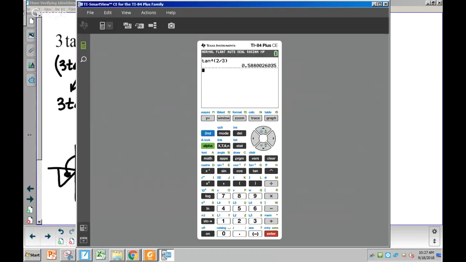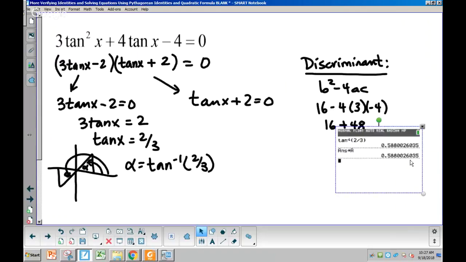We get a number, and then I get a number. 0.58. Great. Love those. Okay. And then I'm going to store this in alpha A. All right. I'm going to bring this down here. Maybe I'll bring it down here. There we go. Make it smaller for us to all see.